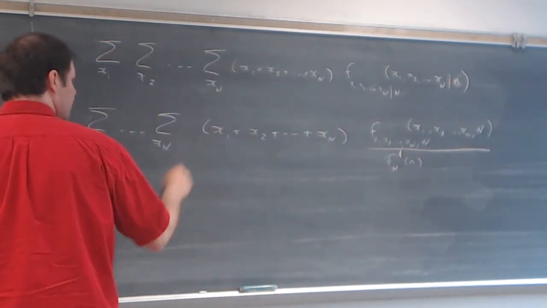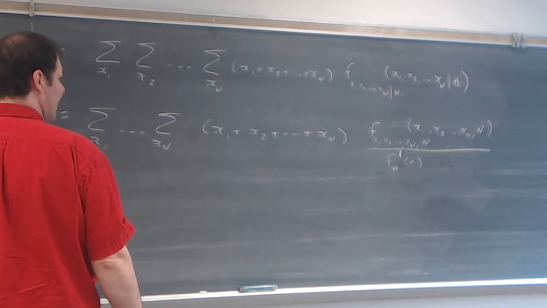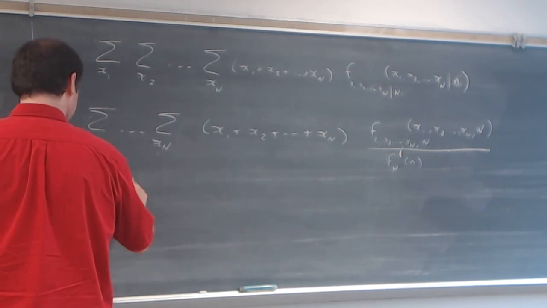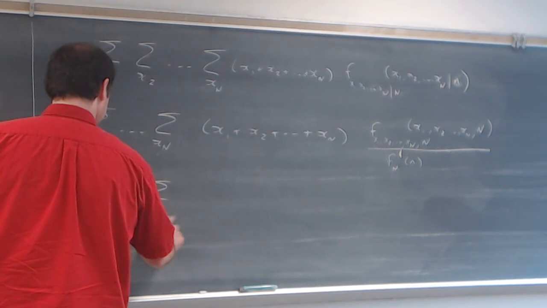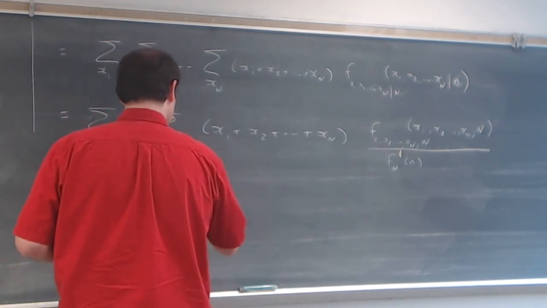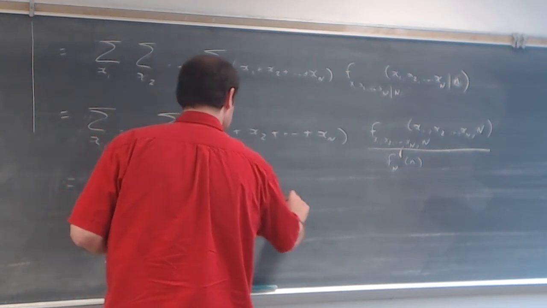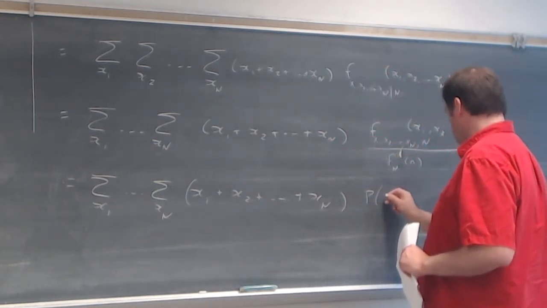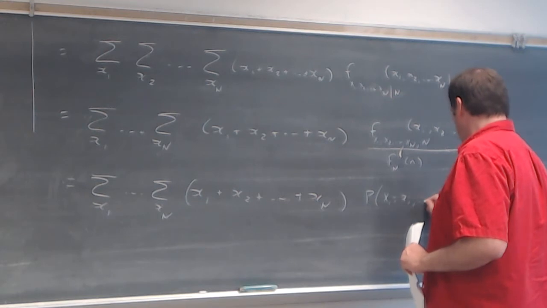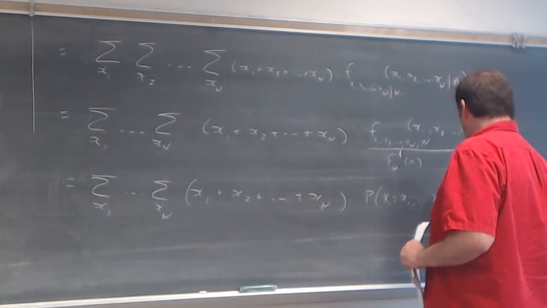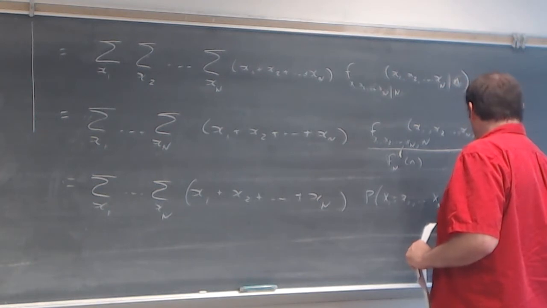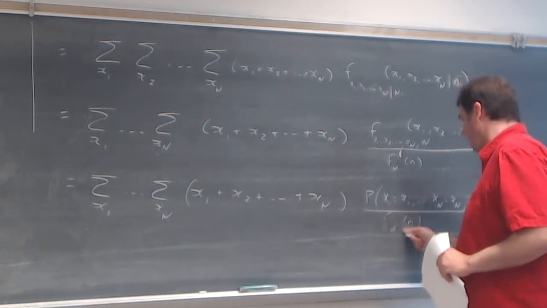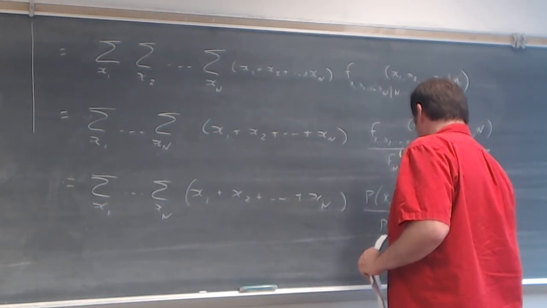Now changing these joint probability mass functions back into what they're defined to be, we have the sum over x1 up to the sum over xn of x1 plus x2 plus up to xn, times the probability that X1 equals little x1, all the way up to X big N equals little x big N, and big N equals little n, all over the probability that big N equals little n.